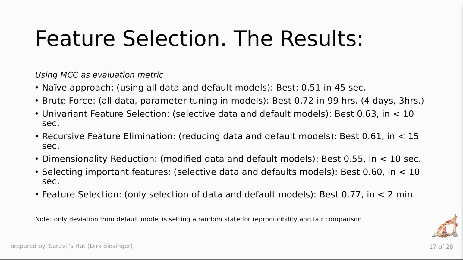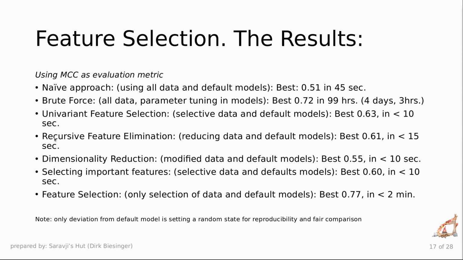Then we tried out univariate feature selection. We are selecting a subset of the data, using default, non-tuned models, and our MCC goes up to 0.63 in something around 10 seconds.